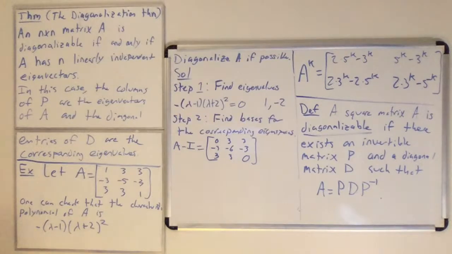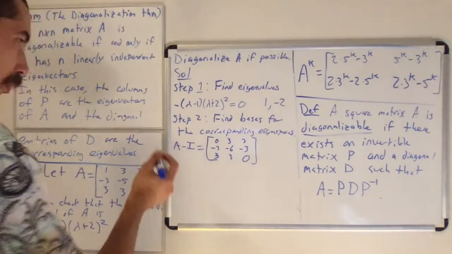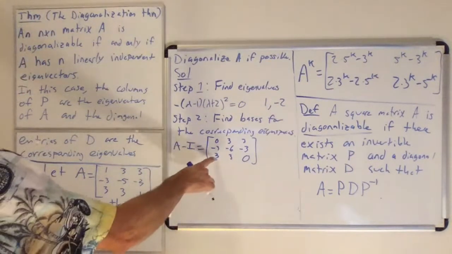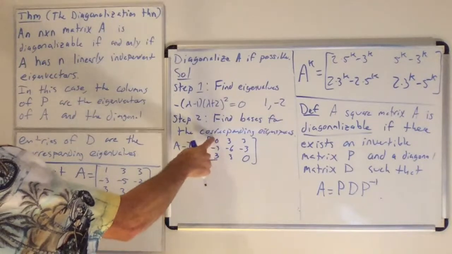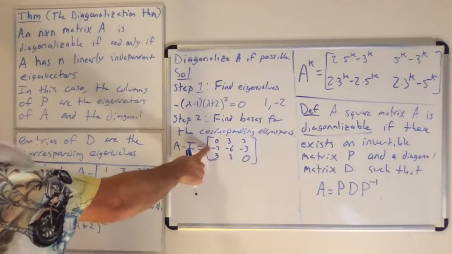And so we can row reduce this. Notice if you add the third and the first rows to row 2, it goes to 0.